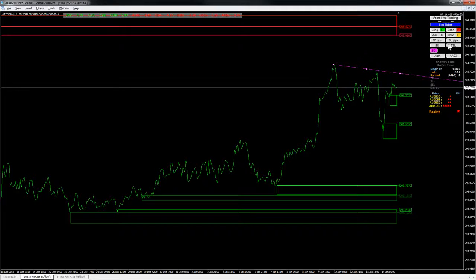And to be on the safe side, all we're looking for is a long, so let's turn the short off so it won't even attempt anything in the short direction. And let's put a stop loss on it. Let's put the stop loss right there.